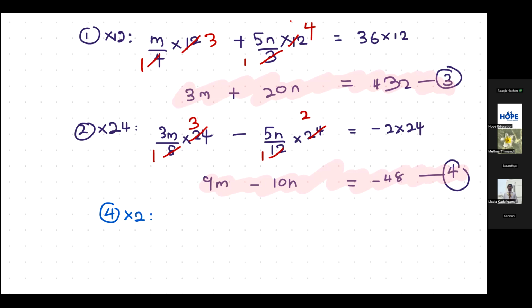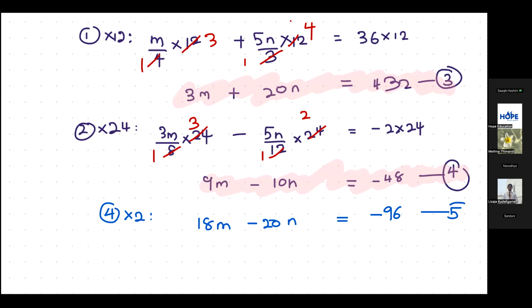So 2 multiplied by 9m is 18m. 2 multiplied by 10n is 20n. Equals 2 multiplied by 48 is 96. But there's a minus also. This is my equation number 5.